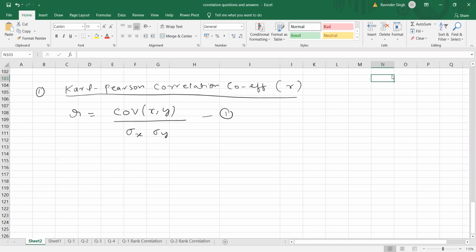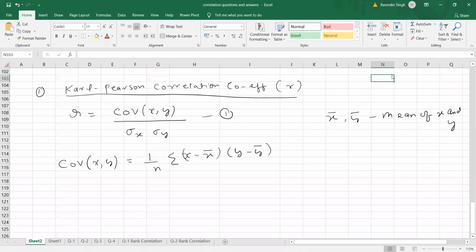This is the standard formula of R, where the covariance of X comma Y is denoted with 1 by n summation of X minus X bar into Y minus Y bar. Your X bar and Y bar is the mean of X and Y, and X and Y is the data, so there is no problem.